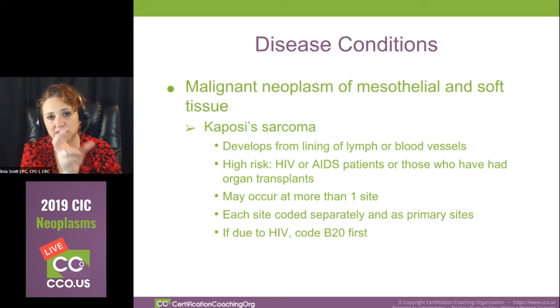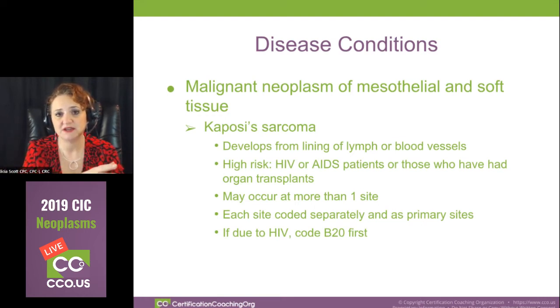Ultimately, again, write that down. Kaposi sarcoma is one of the ones that you'll be tested on when they want to make sure that you understand the difference between HIV and having AIDS. They'll say an HIV positive patient was diagnosed with Kaposi sarcoma, and then you have to code that.